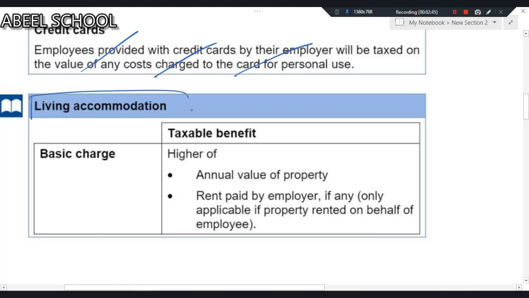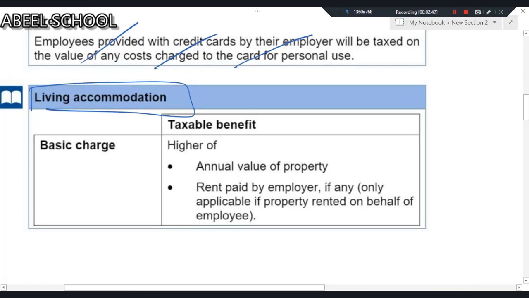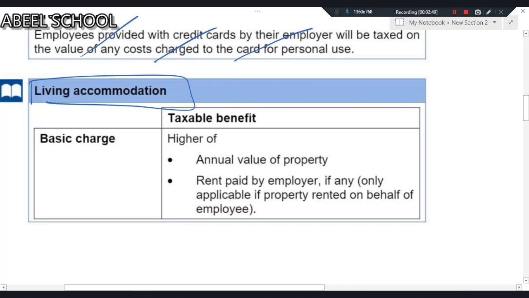The first benefit which we are discussing right now is living accommodation. For example, your employer has given you the job, and after giving you the job, your employer is very kind towards you and says that we will give you the accommodation as well. So in case of accommodation, how do we calculate the taxable benefit?